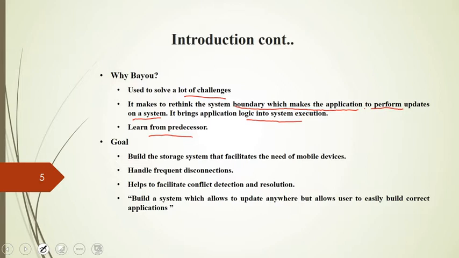So there are different goals in Bayou which have to be considered. Let us check some of the main goals of Bayou. It is mainly used to build a storage system that will facilitate the needs of mobile devices. One of the main goals of Bayou is to handle frequent disconnections, since in a distributed system network the network is not reliable and there is a lot of disconnection.